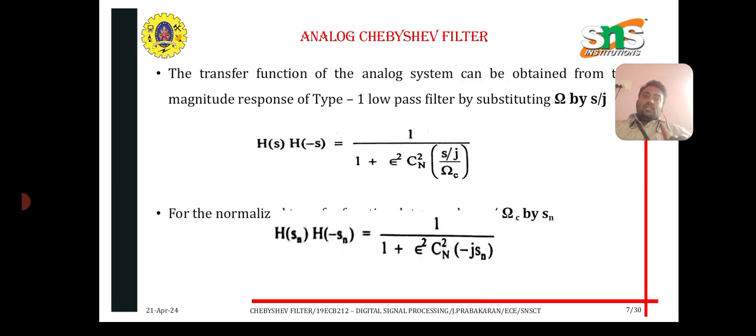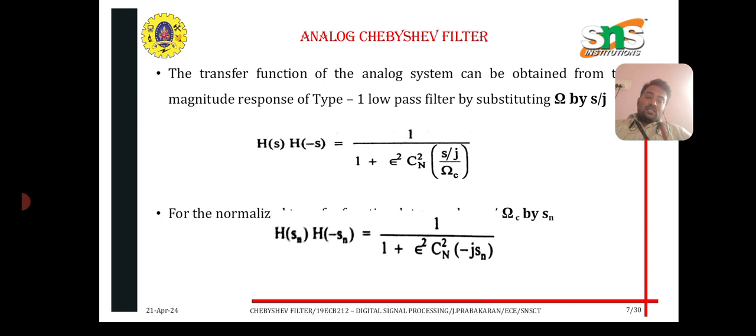The transfer function of the analog system can be obtained from the magnitude response of type 1 low pass filter by substituting omega by s divided by j. H of s into H of minus s equals 1 divided by 1 plus epsilon squared Cn squared of s divided by j omega c.